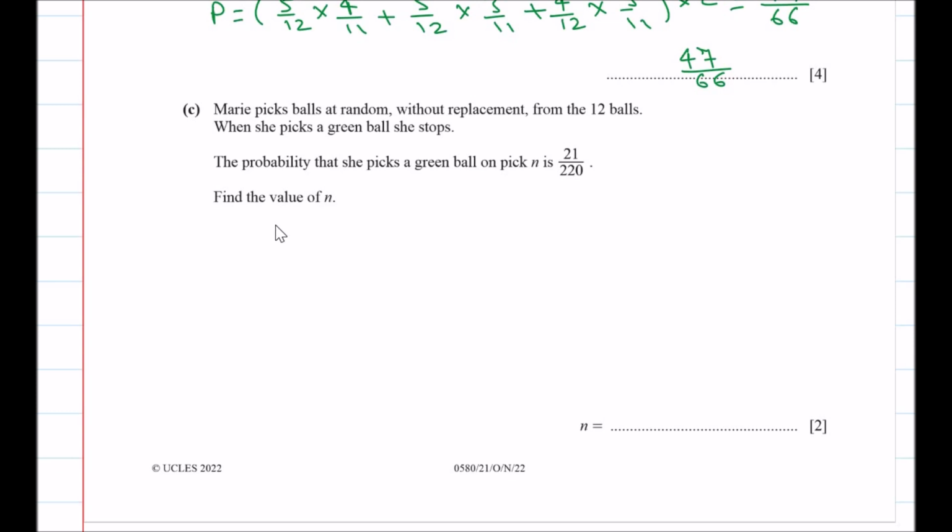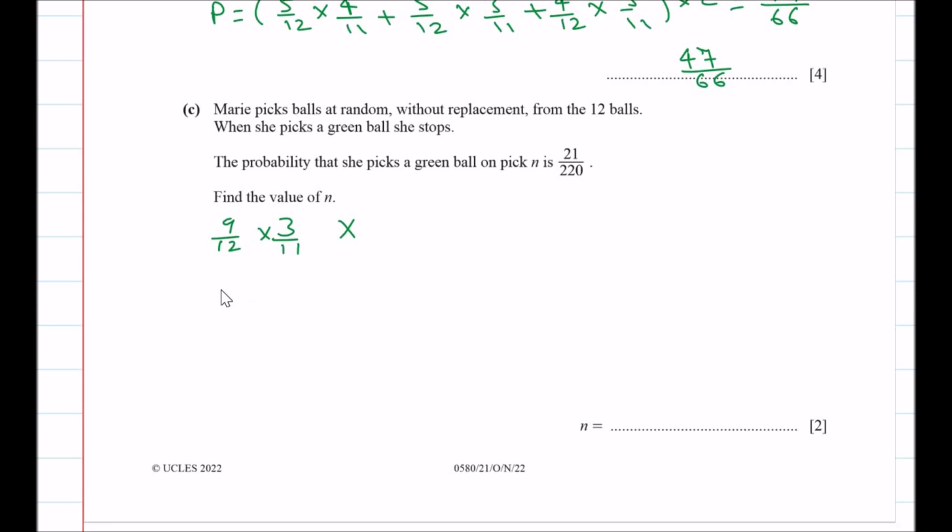And their number is 9. That means 9 by 12. And suppose in the second time she picked up the green ball. So that is 3 by 11. Without replacement, so the denominator has changed. Now, if we multiply this, we can check that this is not giving us 21 by 220. So this cannot be the answer.